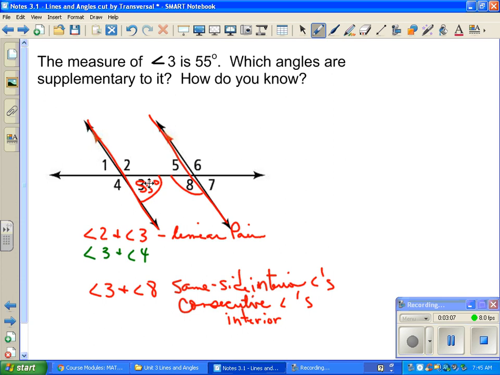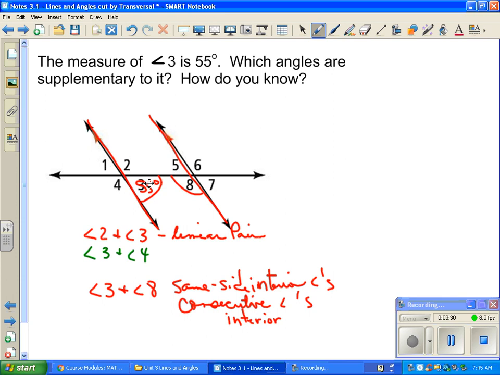Now, 3 and 6, they would make a supplementary set because one's obtuse and one's acute, but I have no relationship that we have learned to have one on the outside and one on the inside in different locations to be supplementary. So that is not one of our ways of knowing, although they probably are supplementary.